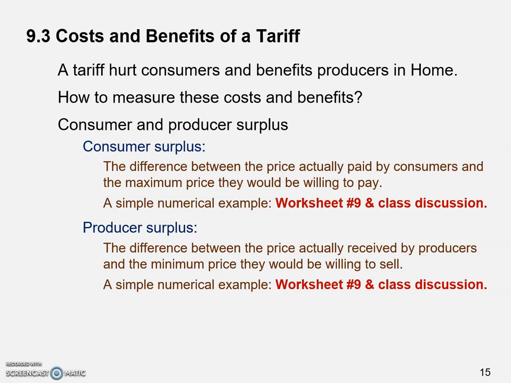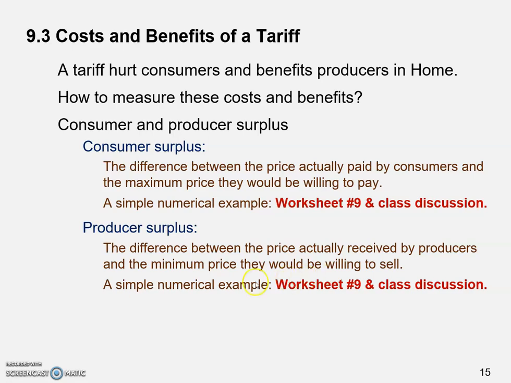For example, some producers might be willing to go as low as 50 cents per bottle, or even a quarter per bottle, right? So in that case, the producer surplus would be the $1 market price minus 50 cents per bottle, or 25 cents per bottle, right?